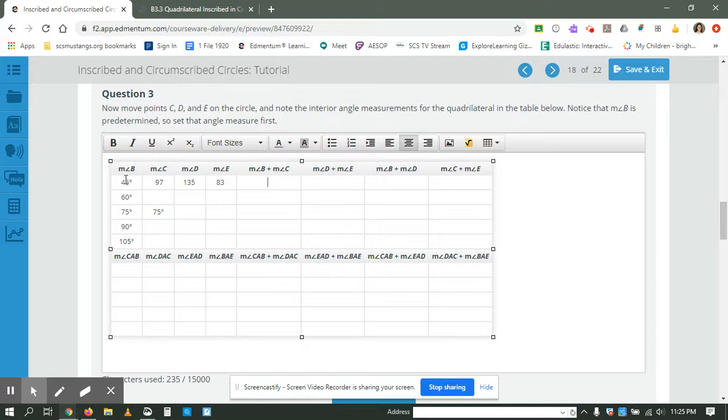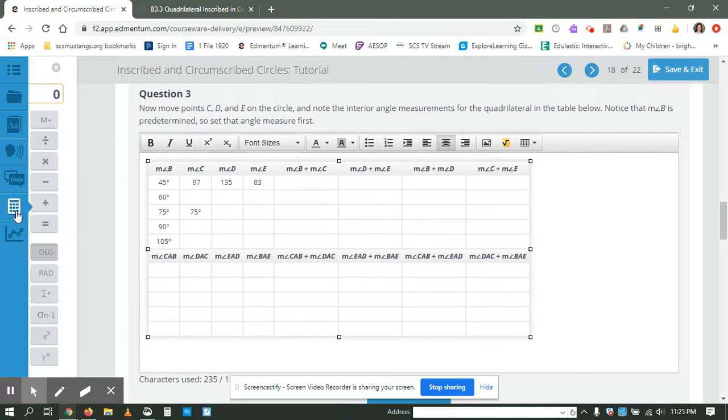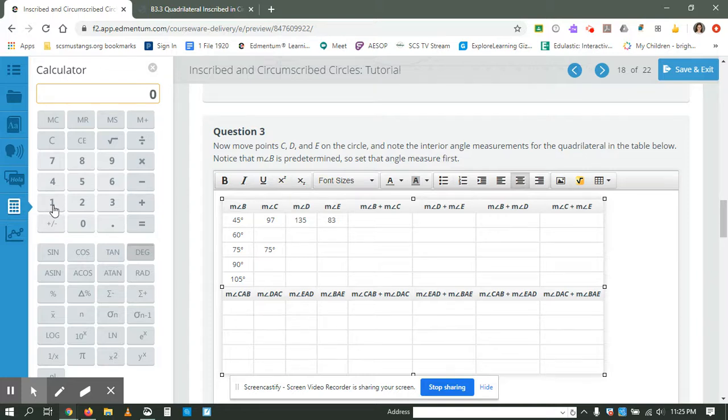So we're looking at B plus C. You can use the calculator function that it has here and go 45 plus 97. That's going to give us 142. So I'm going to enter that in the box. And then D plus E, so 135 plus 83, and that's going to give us 218.